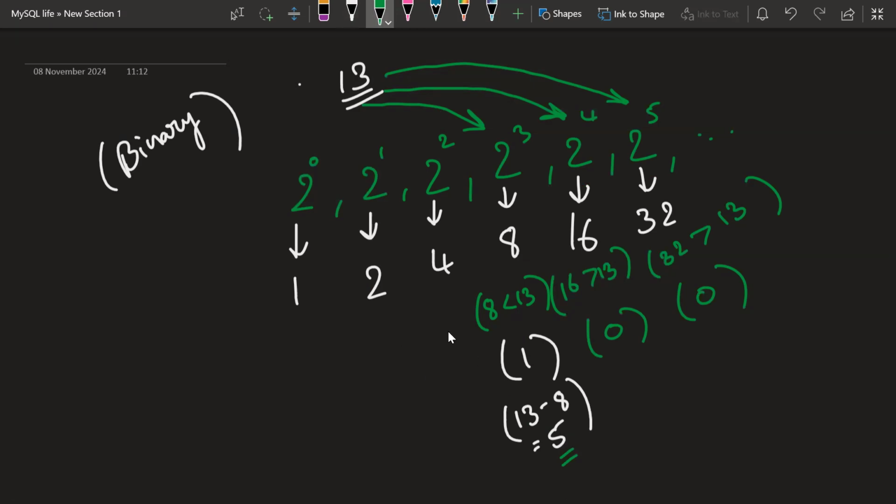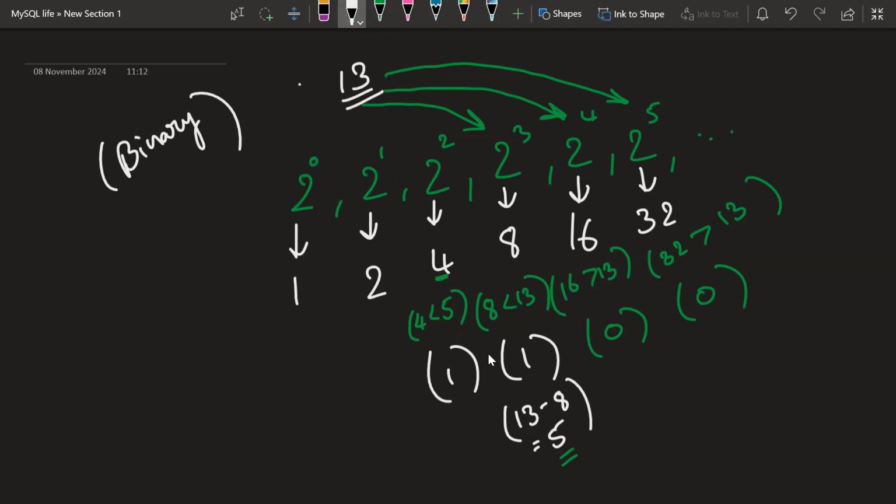We have to compare 4 with the number 5. If we compare 4 and 5, which is greater? 4 is still less than 5. So it fits very well, so I would place 1.